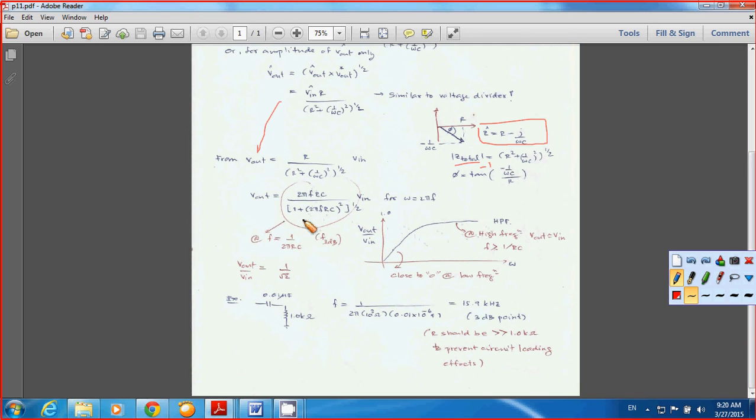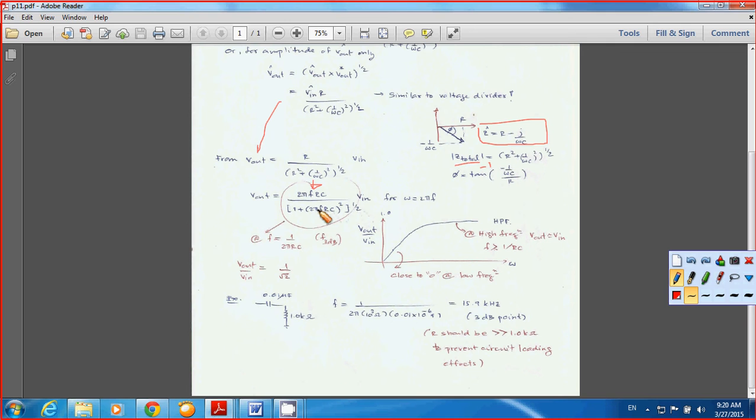And if you take a look at this one, you put the frequency term here. Okay, this equation comes from the above equation. Simply represent omega by 2 pi f. Okay, and you have 2 pi f up here, divided by the square root of 1 plus (2 pi f RC) squared, to the power of 1 over 2.